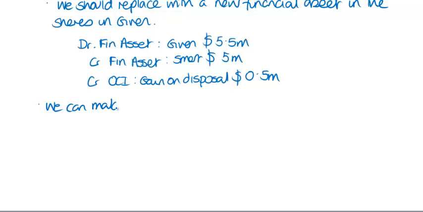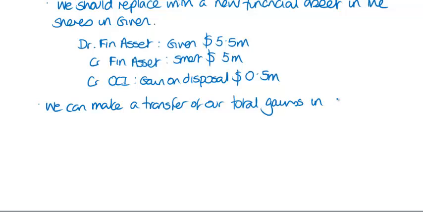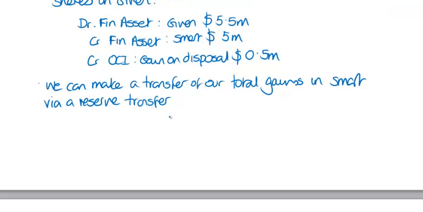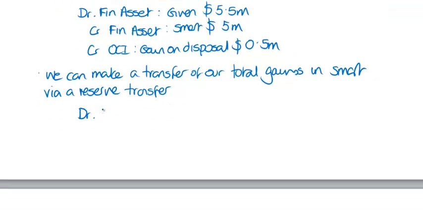We can make a transfer of our total gains in Smart via a reserve transfer. So what I'm going to do here is I'm going to debit other comprehensive earnings, and we've previously shown gains of 0.4 million, and we're now showing a further gain of 0.5 million.